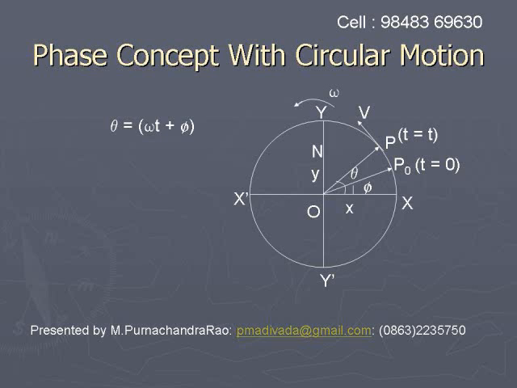Here, omega t plus phi represents the angle from OX to OP. That is the total angular displacement from the reference axis.